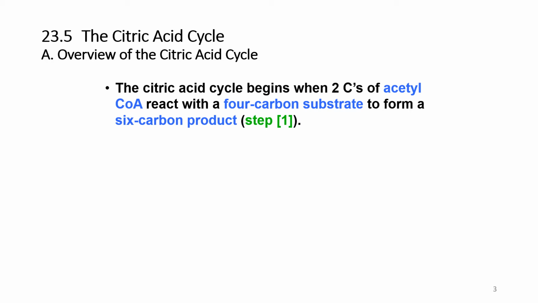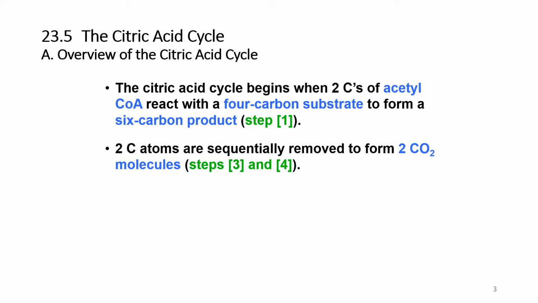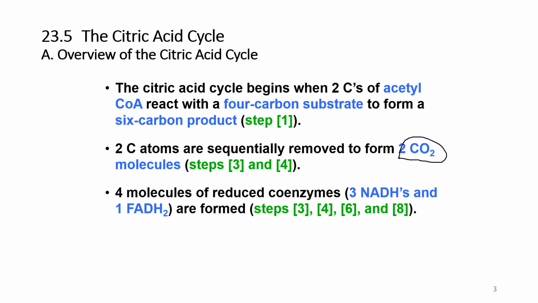So I basically said this previously, but the first step is going to be the condensation of the acetyl group from CoA reacting with the 4-carbon substrate, which is oxaloacetate. But these are the highlights of the cycle. We produce 2 CO2 molecules between steps 3 and 4, so we condense those into a 6-carbon molecule, and then we take 2 carbons away in subsequent steps.